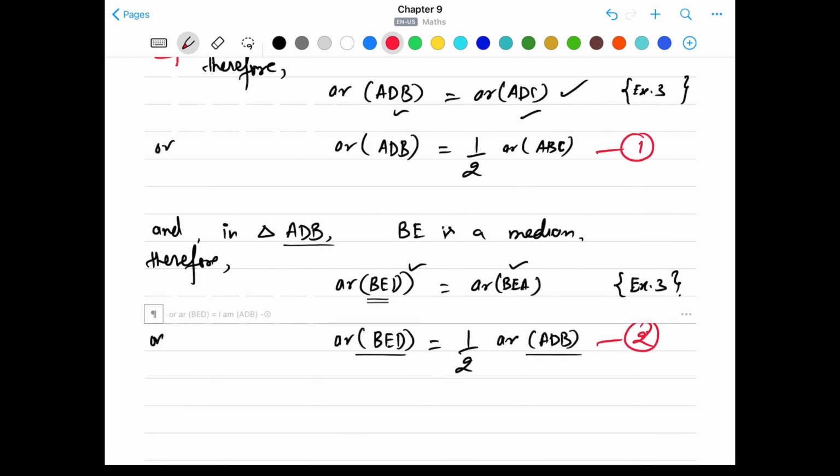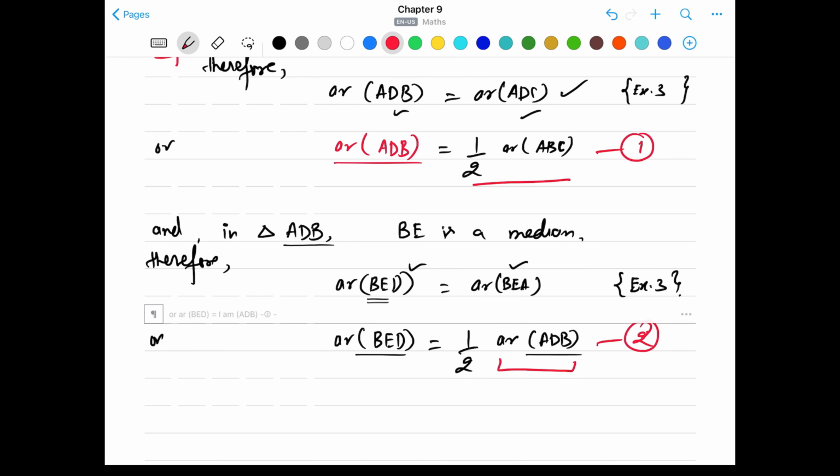So now, on using equation 1 in equation 2, we have the area of ADB equal to half the area of ABC. So we can replace this part in equation 2 by half into the area of ABC.